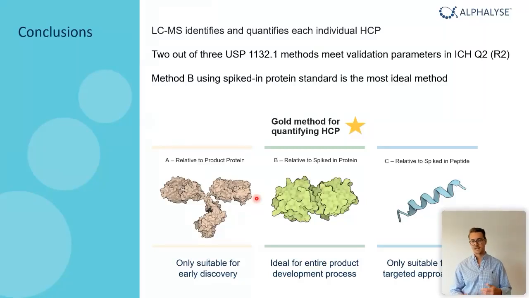It can be used as a platform approach, as it is not bound to a specific product protein or organism, or requires synthesis of peptide standards. So overall, this data can be used for regulatory submission against the same reference standard, which is why we believe it to be the gold method for quantifying host cell proteins.